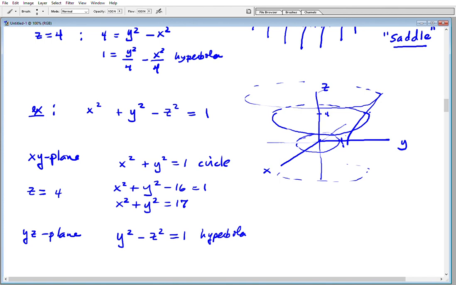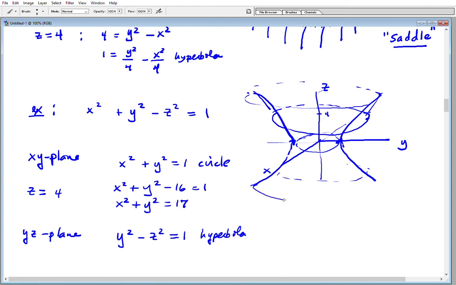Wait, let me just draw it a little bit better. Basically, I want to connect the furthermost points on the circle. It's not drawn very well, but anyway, that would be one hyperbola, and another hyperbola here. I'll redraw the circles coming down.